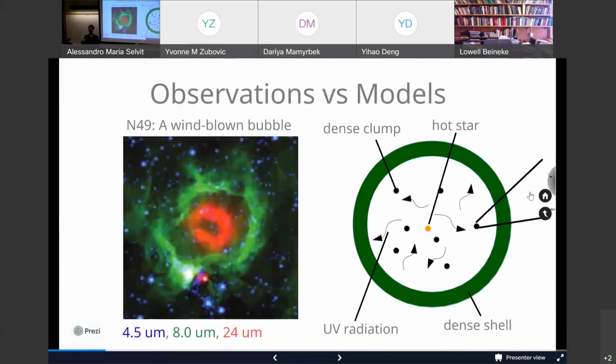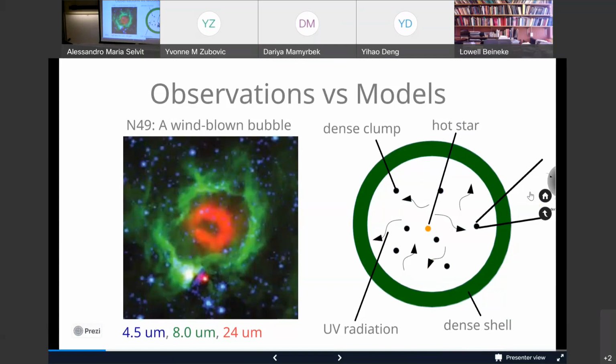I want to go back to talking about these wind-blown bubbles. So this is an example of an especially dramatic wind-blown bubble called N49. The green light here represents the observations done with the Spitzer Space Telescope at 8 microns. And the model, what we think is happening here, is shown in the cartoon, or the diagram on the right.